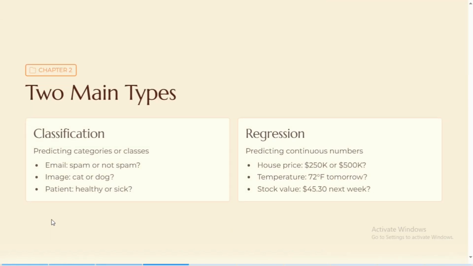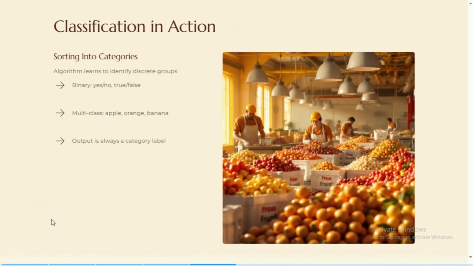Classification and regression. Supervised learning is mainly divided into two types: classification and regression. Both learn from labeled data, but the type of output is different. Sorting into categories.